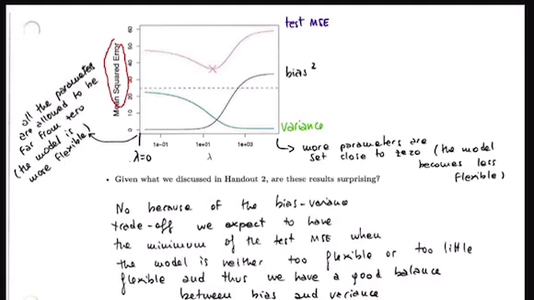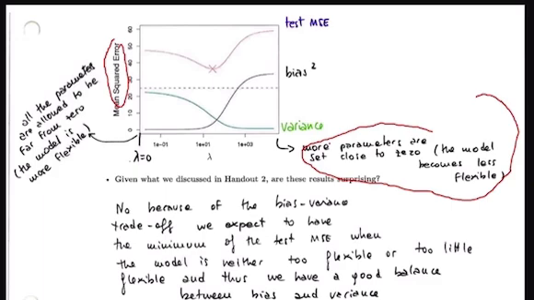You have so many parameters, so many predictors, so it will be more flexible. But in a situation where more parameters are set close to zero, then the model becomes less flexible.